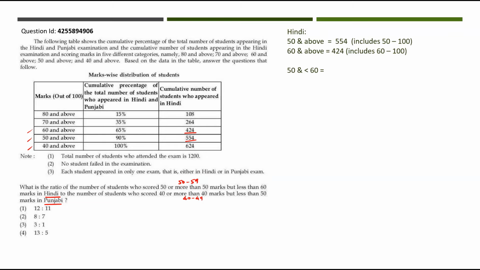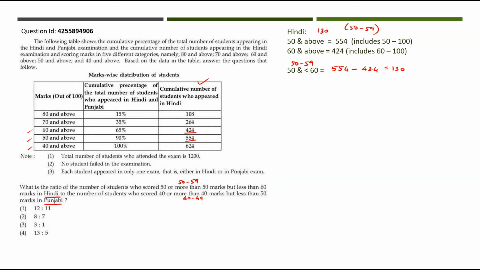So from this, what is the range between 50 and 59? It will be 554 minus 424. You will get a value of 130. So 130 students lie between the range of 50 to 59 score for Hindi. This is very easy to calculate based on the third column because Hindi's value is directly given.